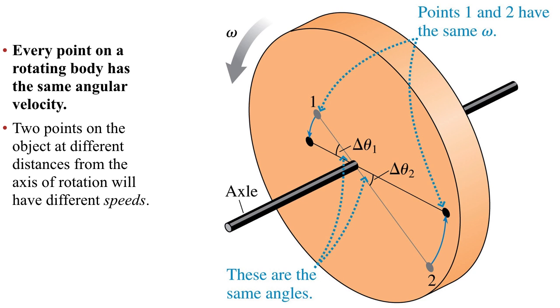So his speedometer in meters per second or miles per hour or whatever you want to call it is going to be lower. And for this point out by the edge, the linear speed, the translational speed, miles per hour, meters per second, is going to be bigger. All right? It's rigid, so both of these guys make one turn at the same time. They're rotating together. But one's covering less ground, one's covering more ground, the same amount of time. So this guy out here, he's got a higher speed.